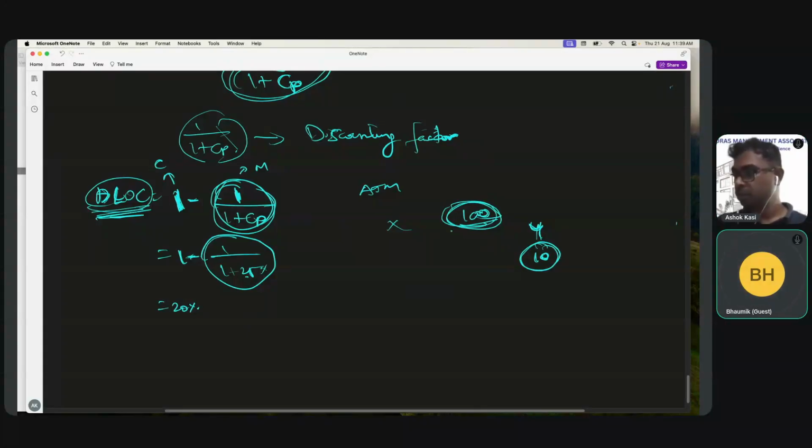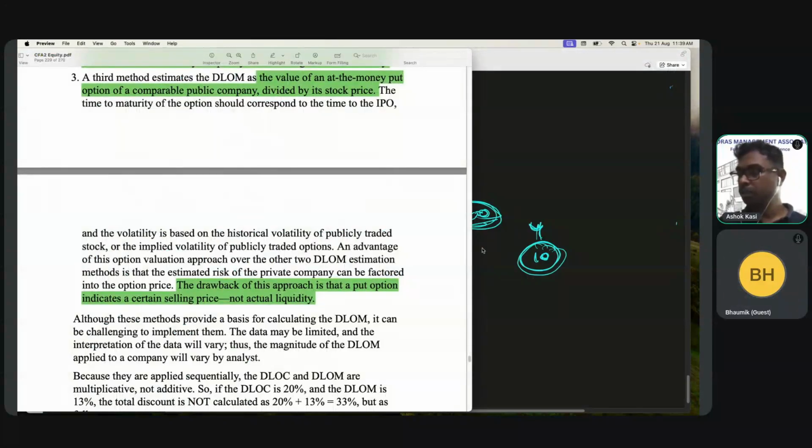To get the right to sell a 100 rupee product at 100, you are paying 10 rupees. So that 10 rupees is the discount. So that premium will be considered as the discount. Okay.